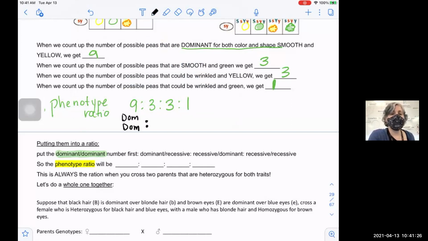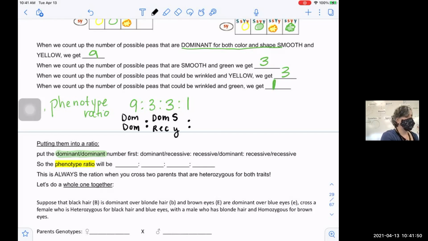The second number is the ones that are dominant for the S. So the first letter, so dominant for the S and recessive for the Y, so little y, which was 3.